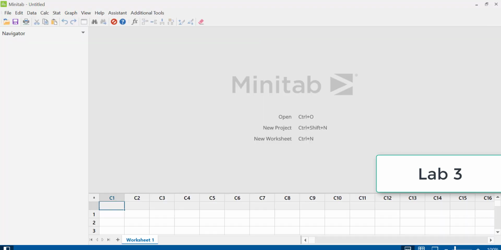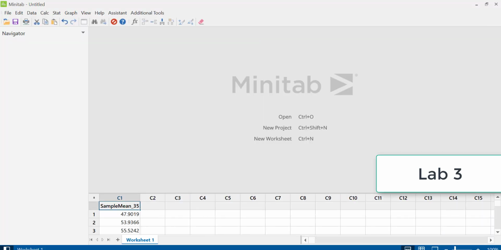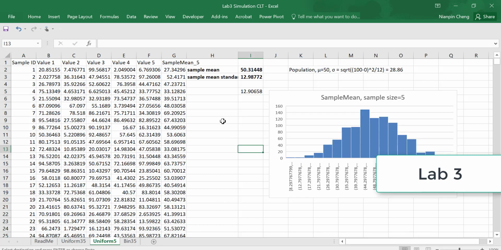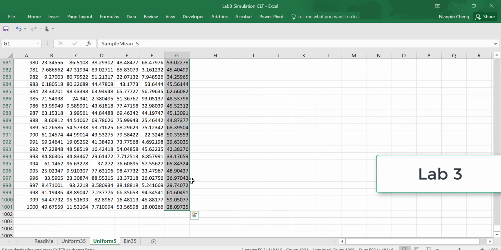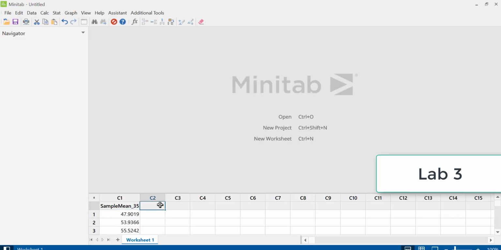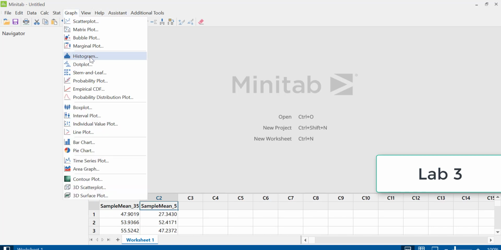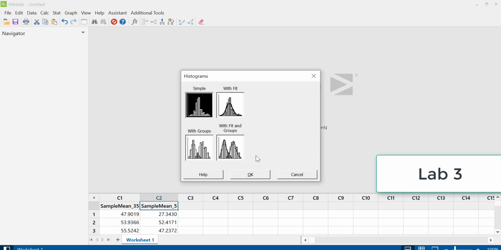We can copy both. This is 35, and we use Control Shift and the down key to select exactly the data set. It's better this way instead of selecting the whole column. So we generate a histogram.